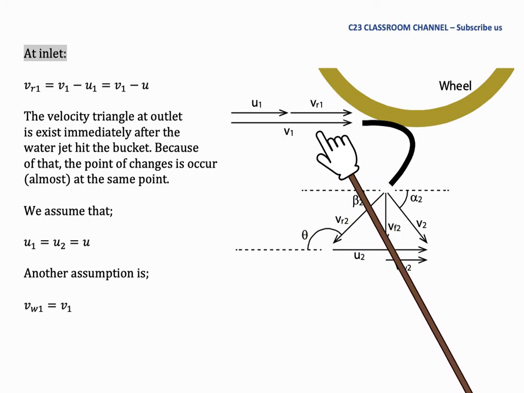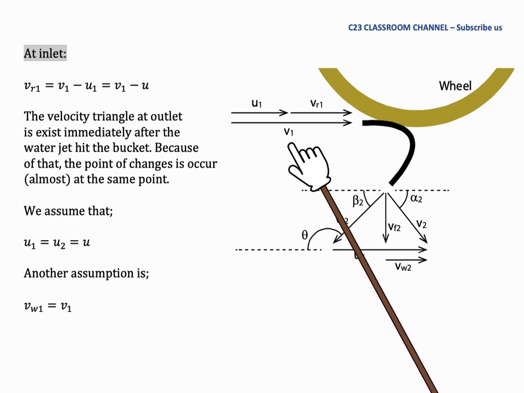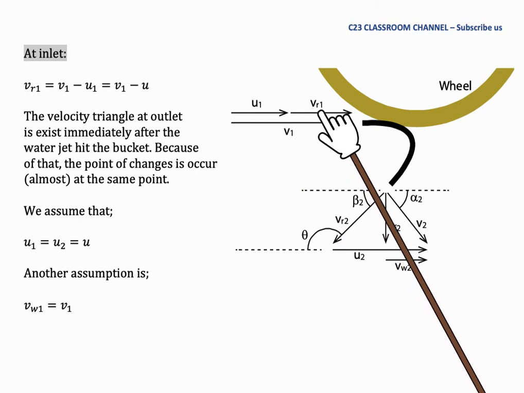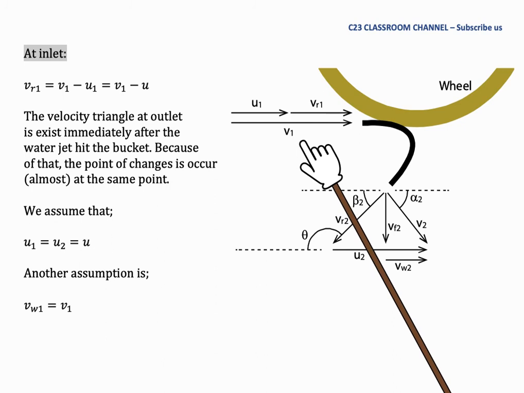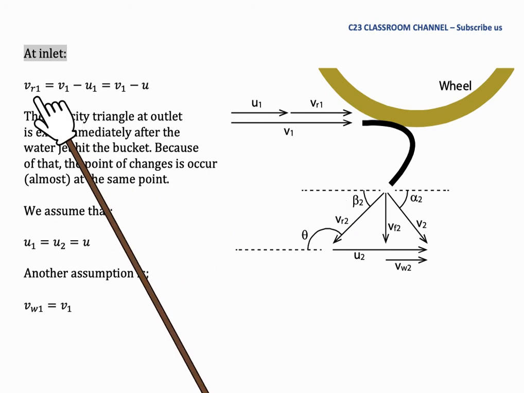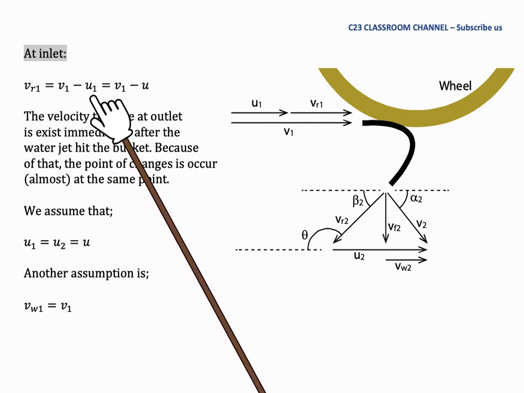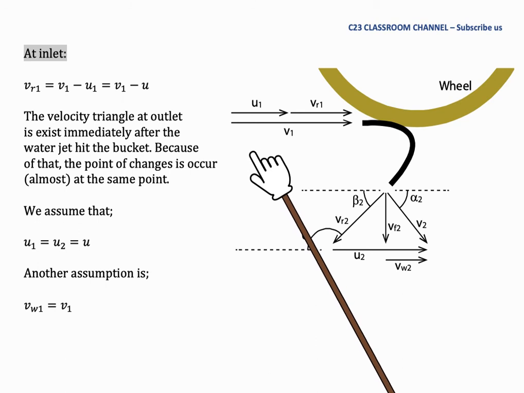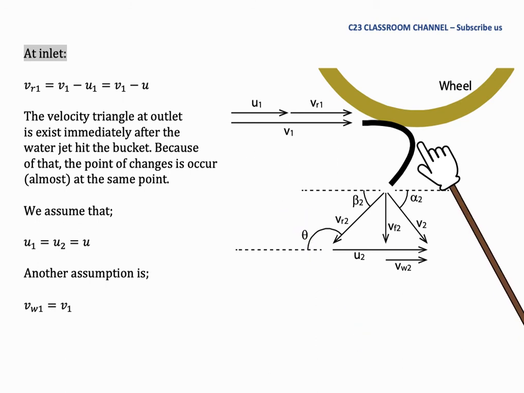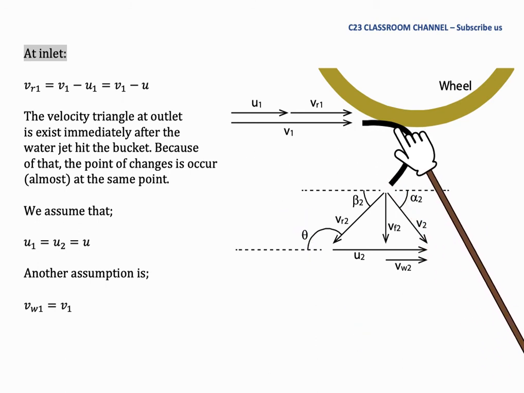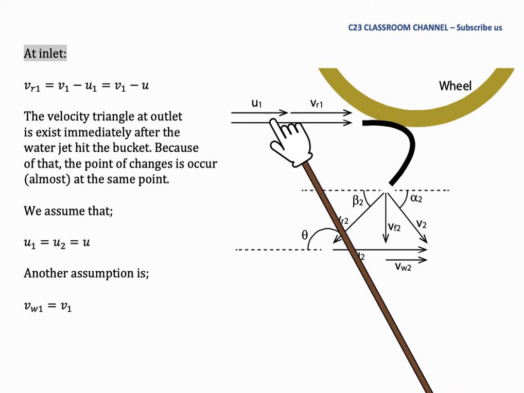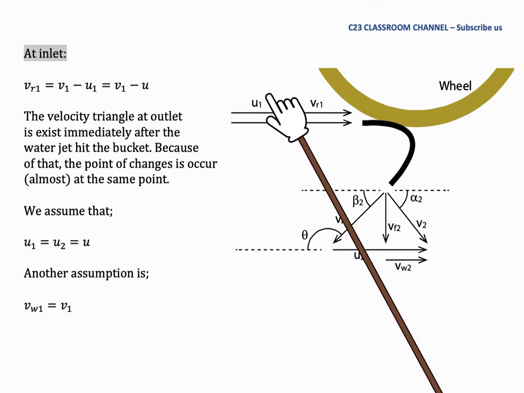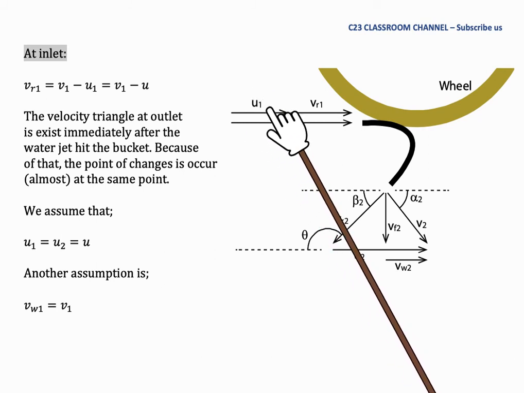We have the absolute velocity V1 and we have its components U1 and VR1. So we could rewrite the value of VR1 as V1 minus U1. And as I said previously, because the water jet hits one single point before it flows out at the outlet, we assume that the tangential velocity remains constant.